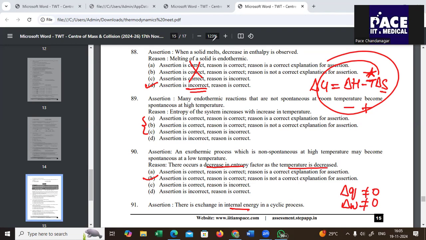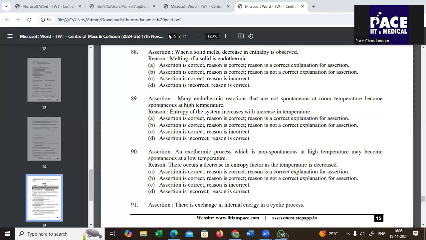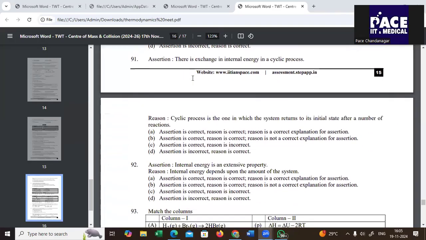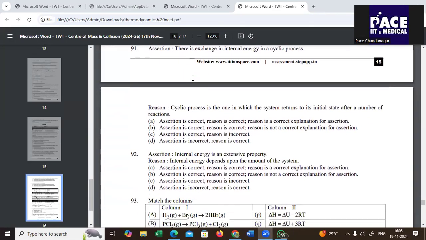Let us check out your reason part as well. Cyclic process is the one in which the system returns to the initial state after a number of reactions.